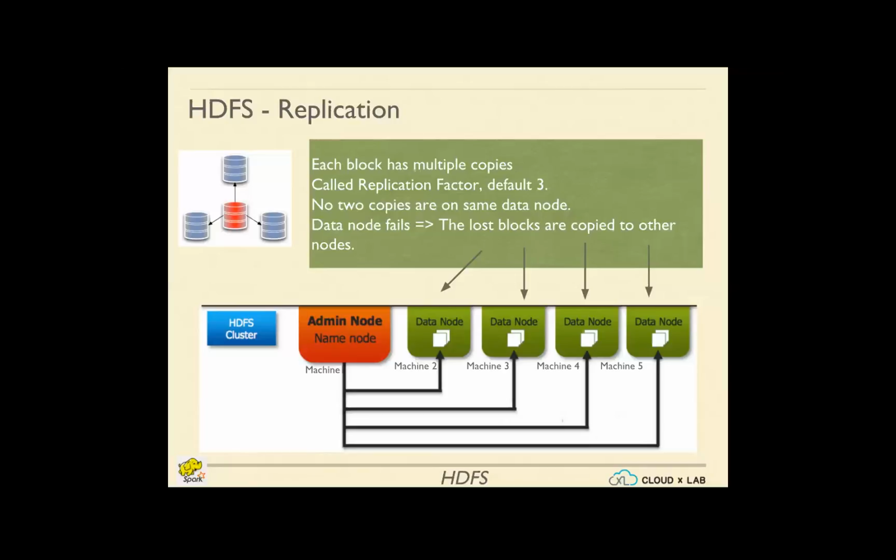So if two machines on which 2 blocks of this file are located go down, or let's say we had only a replication factor of 2 and both machines went down, the data has gone. Those blocks are gone. Therefore, the entire file has become useless. Hence, it is safer to have a replication factor of 3.